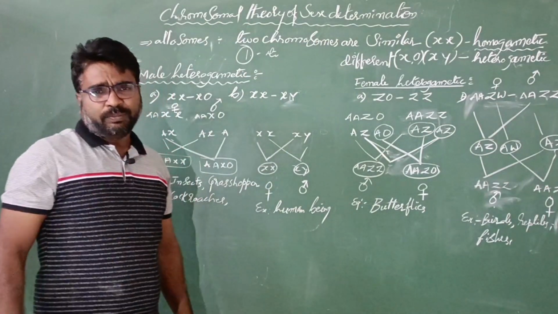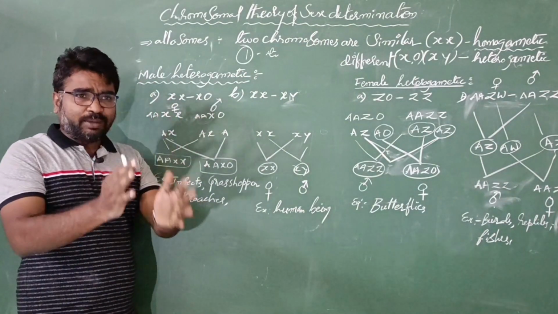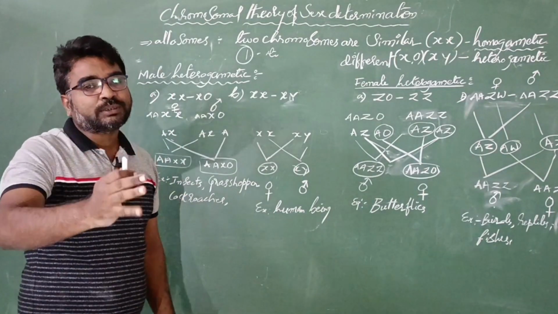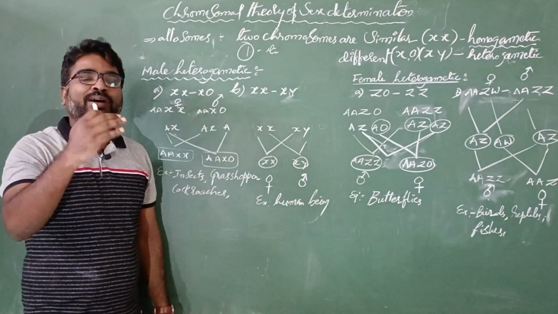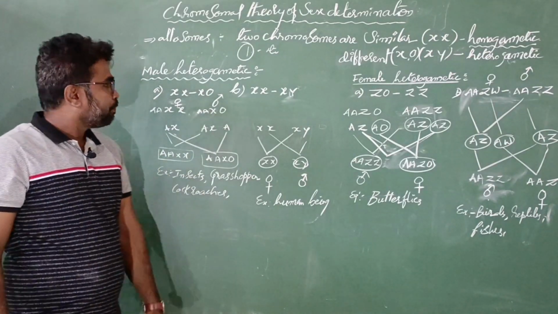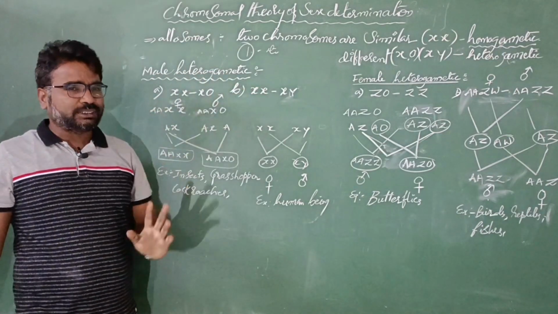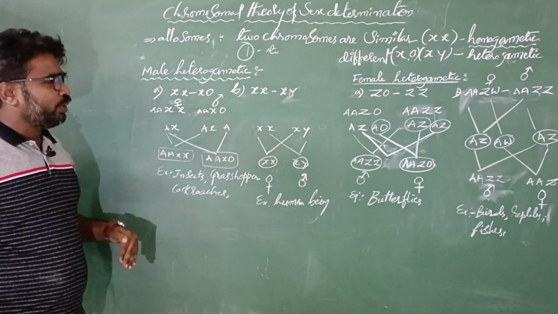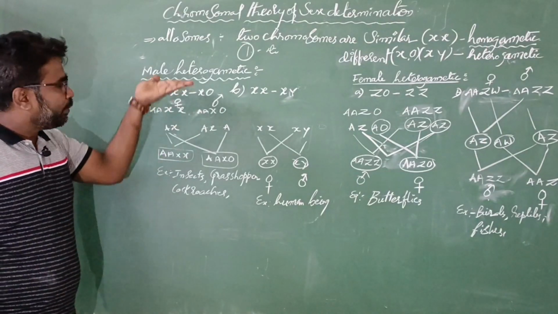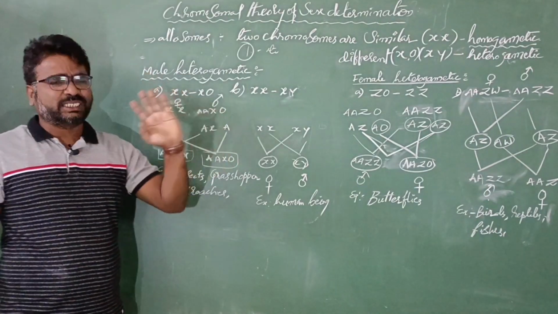Very simple thing: depending upon which organism has the heterogamete, the sex may be determined. Look here, for example, male heterogametes. It's very important and very easy. If you remember it, it is very easy.